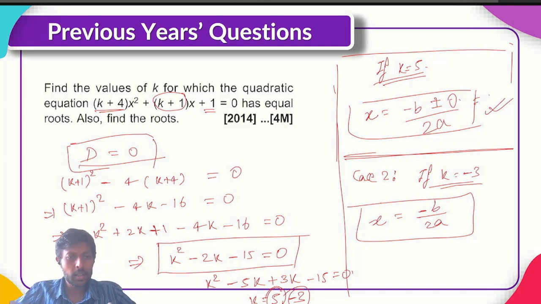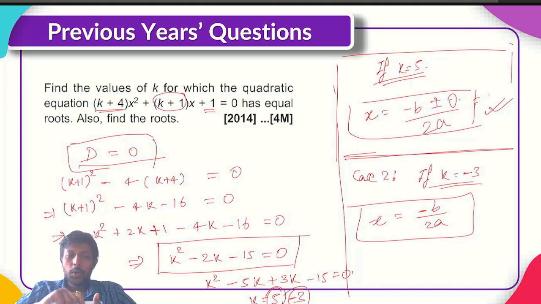So what did we do? Let's quickly revise. Since this quadratic equation has equal roots, that means the discriminant must be 0. If the discriminant is 0, we figured out the values of k. But instead of getting one single value of k, we got two values of k.